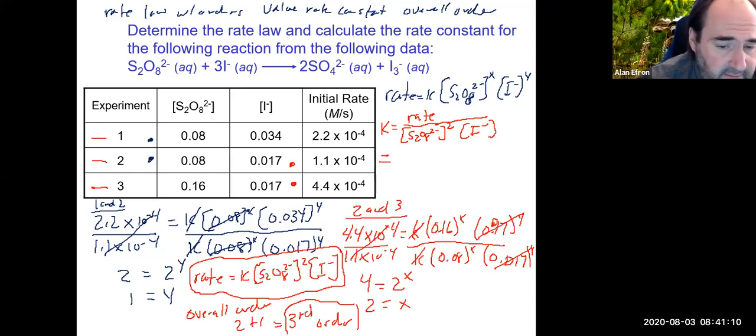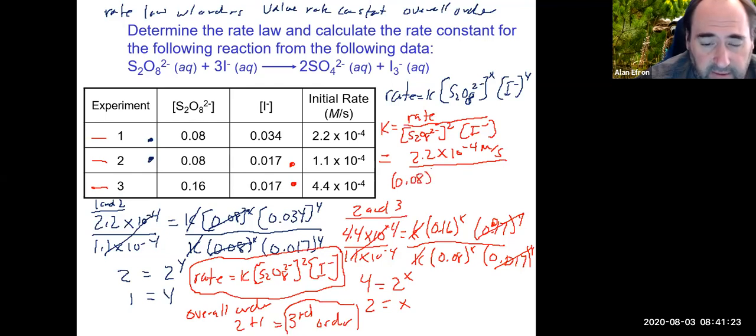So we'll take number 1 again here, which would be 2.2 times 10 to the minus 4 molar per second, divided by our 0.08, which we do need to square, right? Because the order is 2, and times our I minus, which is 0.034 molar. And that's a molar in there as well.